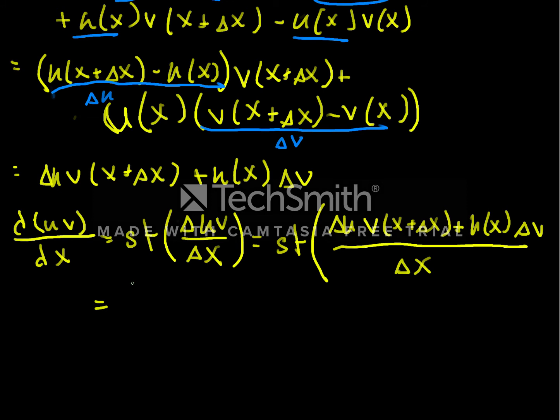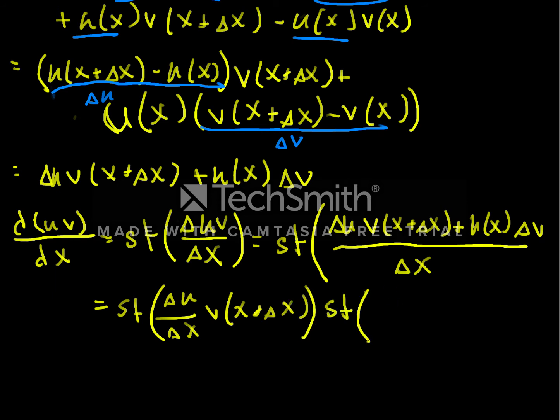Breaking this up, this is the standard part of change in u over change in x, v of x plus delta x, plus the standard part of u delta v over delta x.